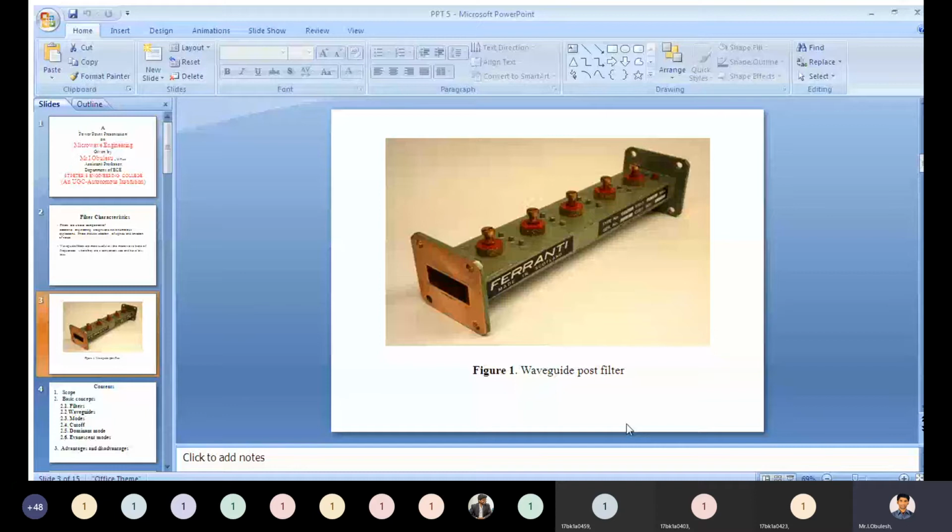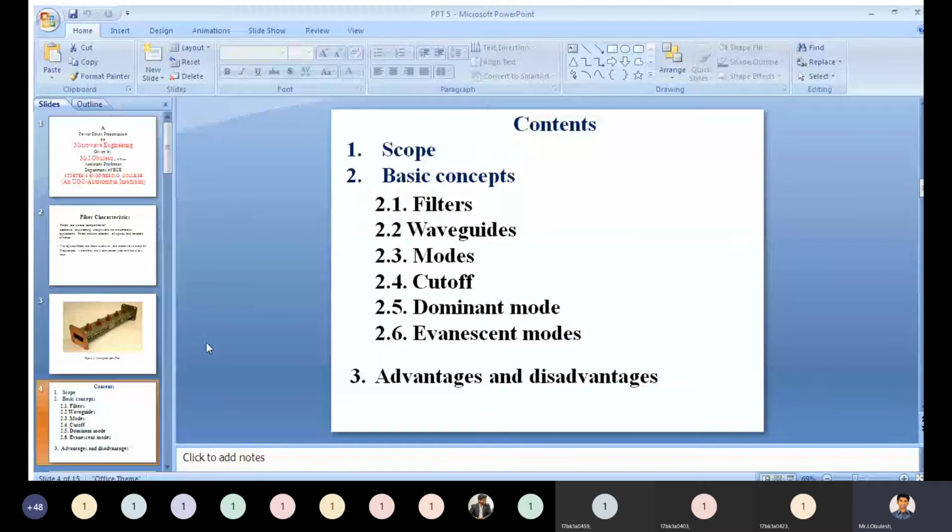Next, from today's contents, you need to remember the first one: what is the scope of waveguide filter? What are the basic concepts we have from waveguide filter? And what are the advantages and disadvantages of waveguide filter?